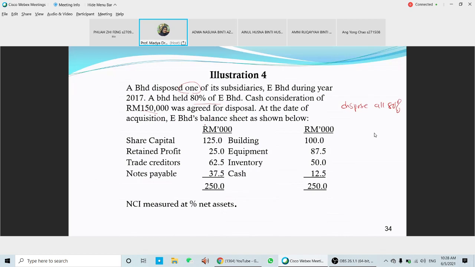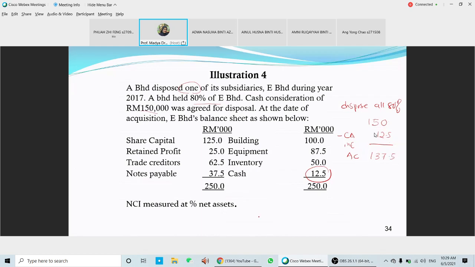So you dispose here at 150. From the 150, you need to look at the cash available in E, which is 12.5. So the aggregate cash that you're going to receive from the disposal here will be 137.5.